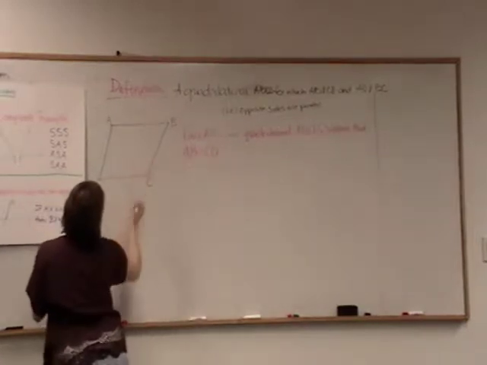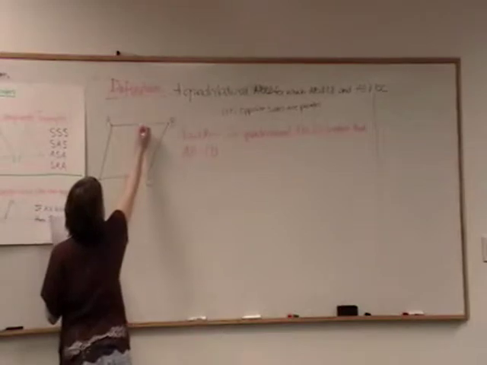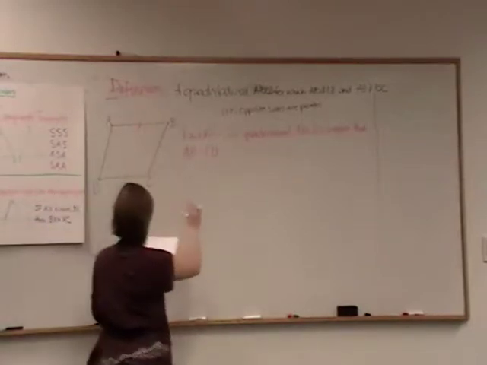So AB is equal to CD. When I add this dash like this, it means that those two are equal.